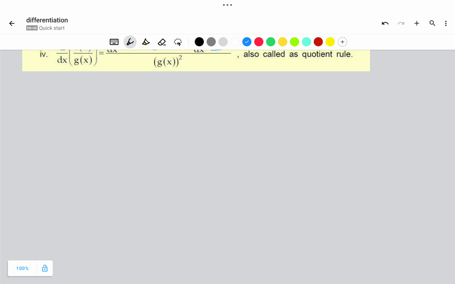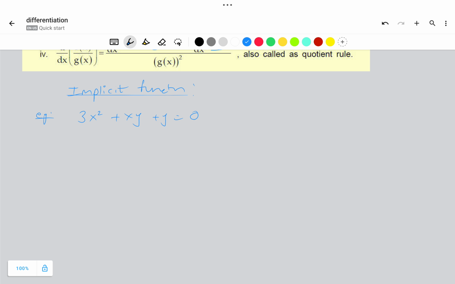Now we will see something which is an implicit function. So first let's understand what an implicit function is. This is an example from the textbook. Suppose we have one equation, 3x square plus xy plus y equal to 0.